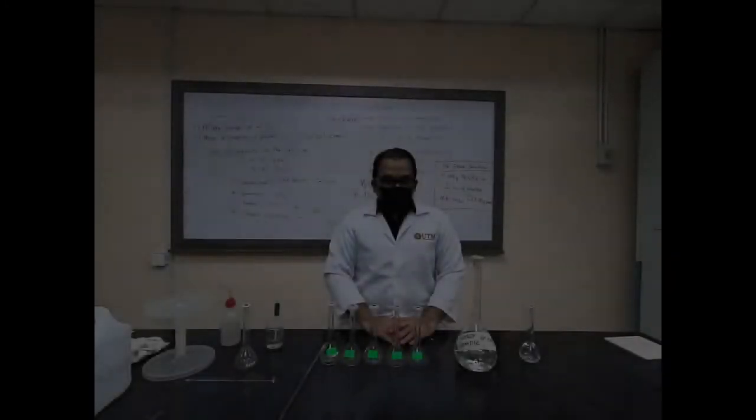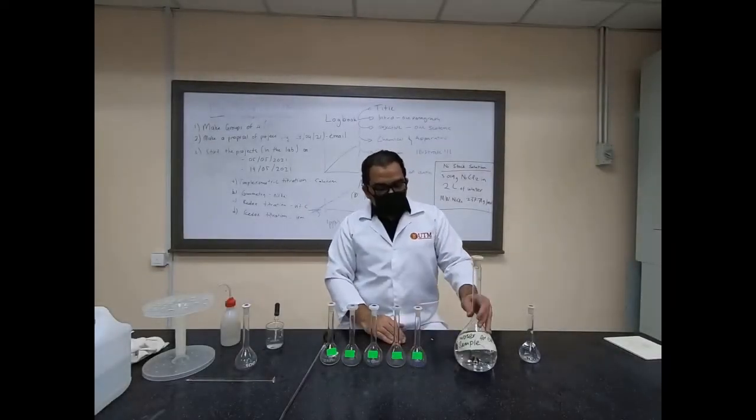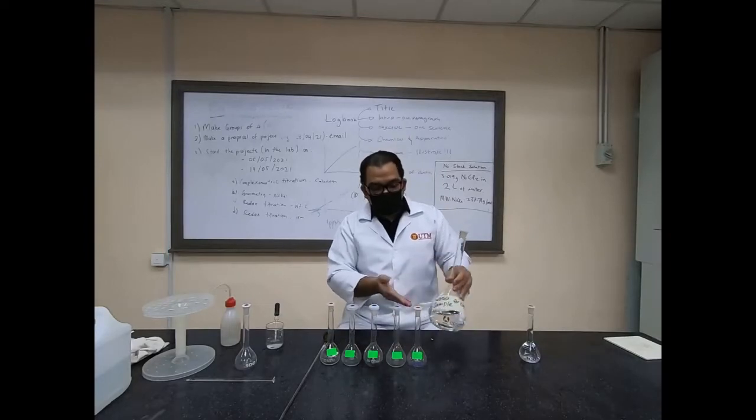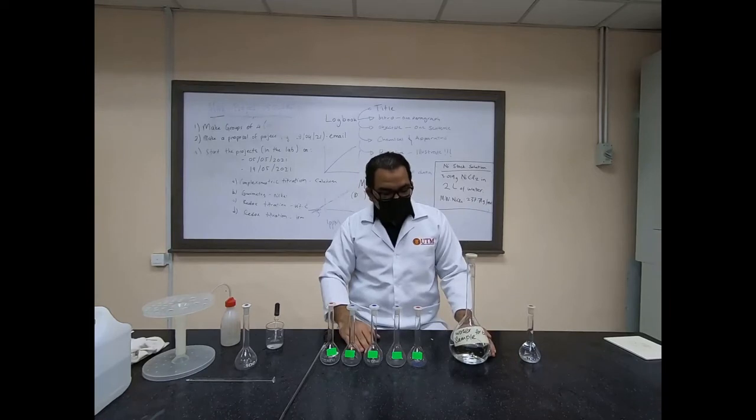The next step is I'm going to prepare the standards for the standard addition method. I'm going to transfer 20 ml from this sample into every single volumetric flask here.